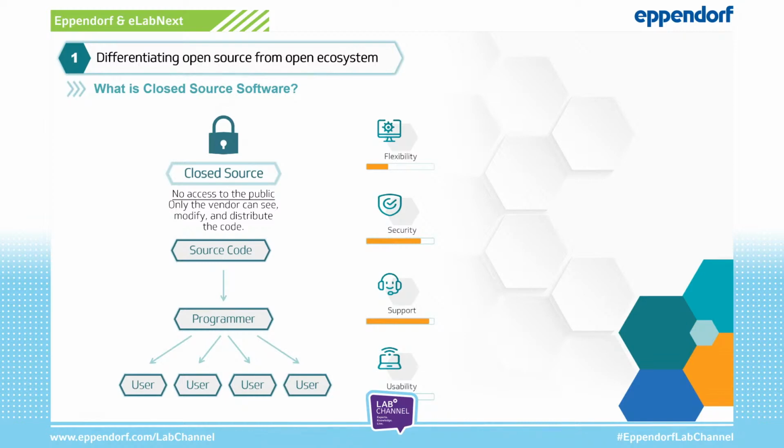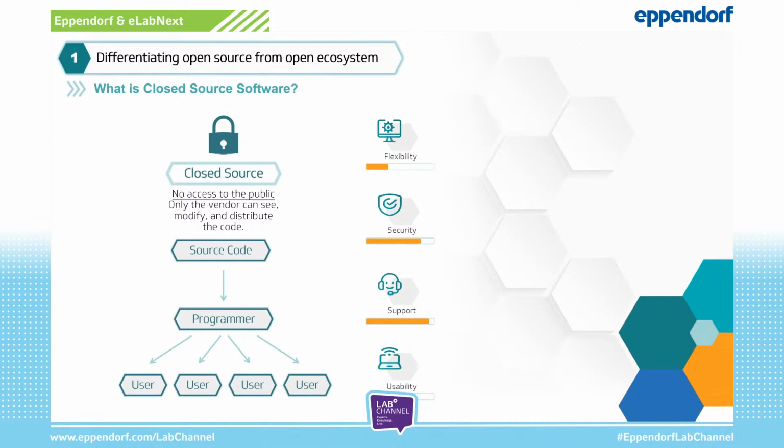In this case, closed source code already says it in the name. The source code is not available to the public, which means that only the programmers of the software can interact with the source code, and the source code is always written in one language and is then distributed to all users. So how is this of advantage? What are the characteristics of a closed source?